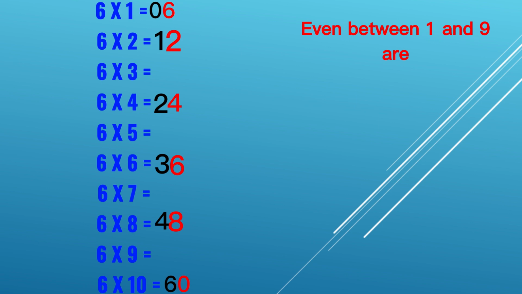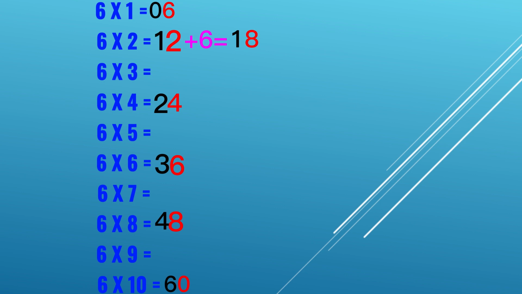Now, how do we find the remaining 6 timetable that are left in between? For the remaining ones, what we are going to do is add 6 to the previous number in order to get the next one. So what is 6 plus 12? 6 plus 12 gives us 18. That is the answer for 6 times 3. Now we will add 6 to the previous number, which is 24, to get 6 times 5.